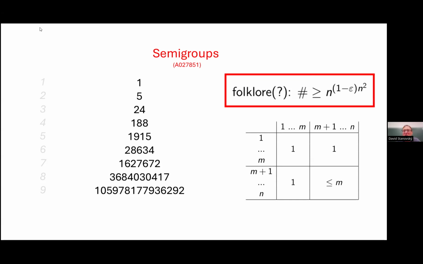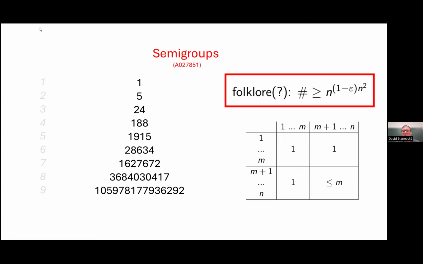The lower bound is n^((1−ε)n²), in the sense that whichever epsilon you choose, for all n bigger than some threshold, there are at least n^((1−ε)n²) semigroups up to isomorphism. And the construction is actually relatively simple.